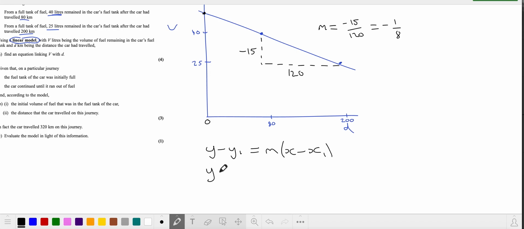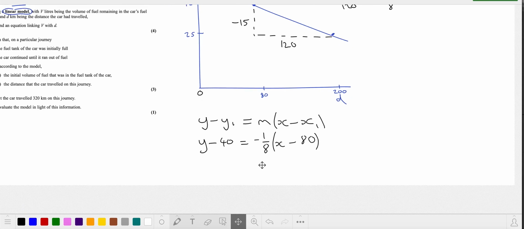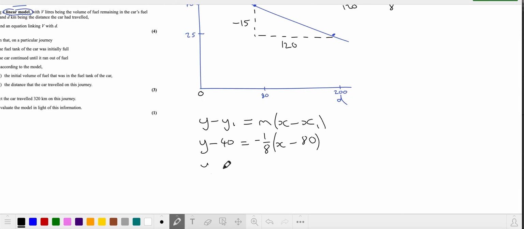So y minus 40 equals minus 1/8 (x minus 80). Y minus 40 equals minus 1/8 x plus 10, since minus an eighth times minus 80 is positive 10.